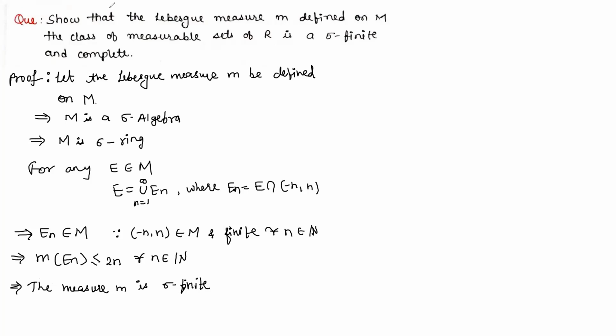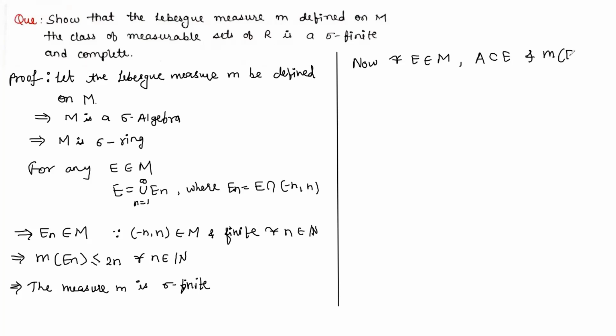Now we have to prove that this measure is complete. So now, for this measurable set E belonging to M, let A be a subset of this E, and the measure of E is equal to 0.